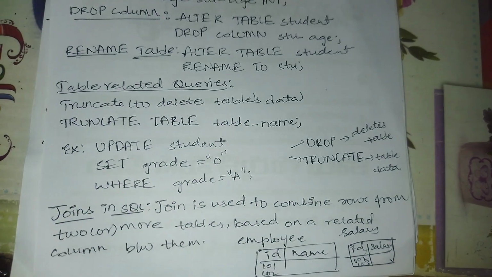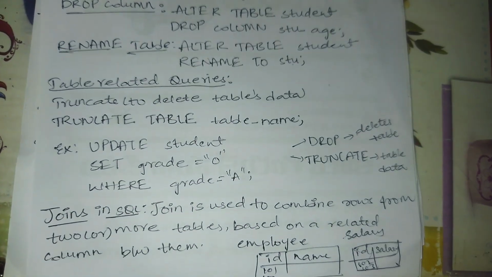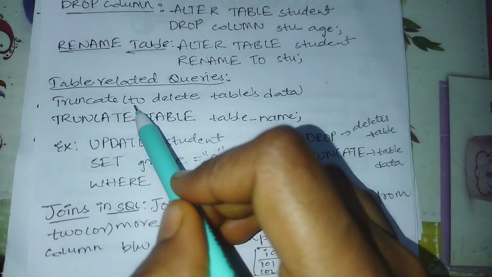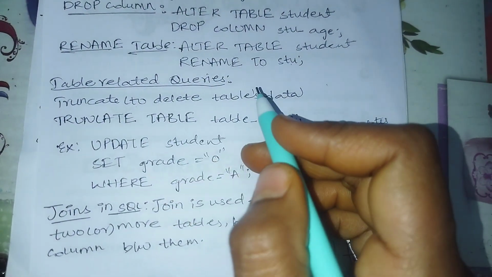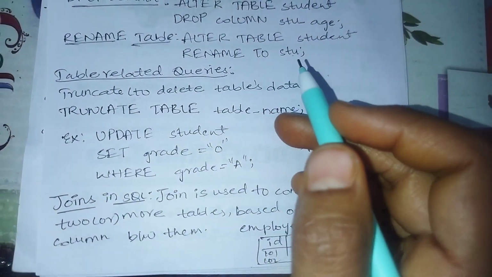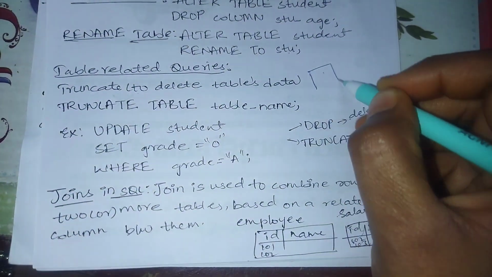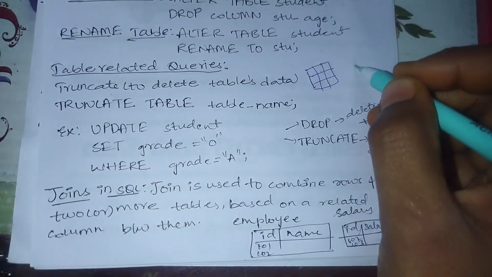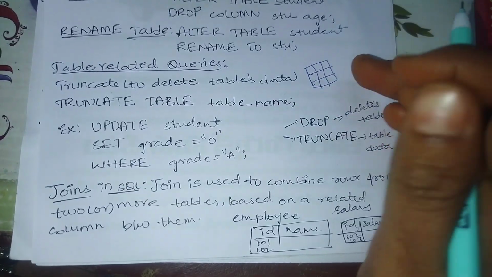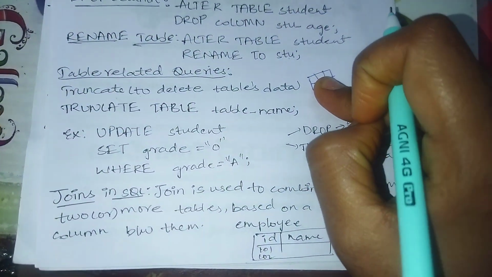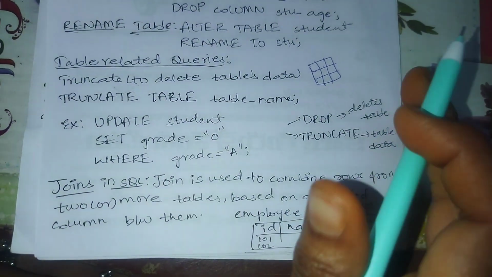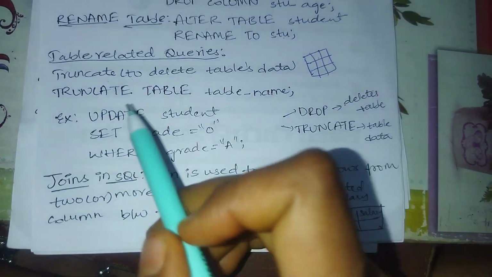Table related queries. Truncate is used for deleting the table data but not the structure. Deleting only values leaves blank values, but does not delete the rows or columns. The structure remains the same as before.